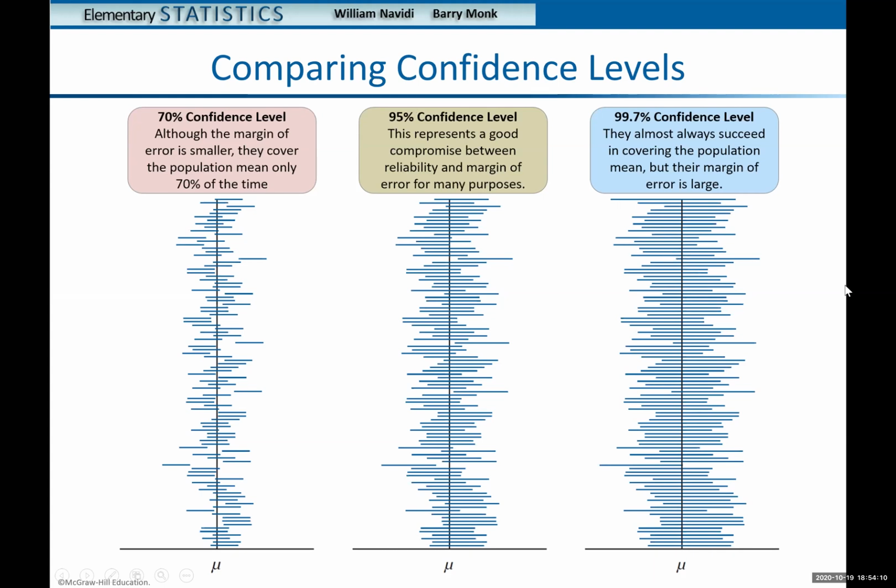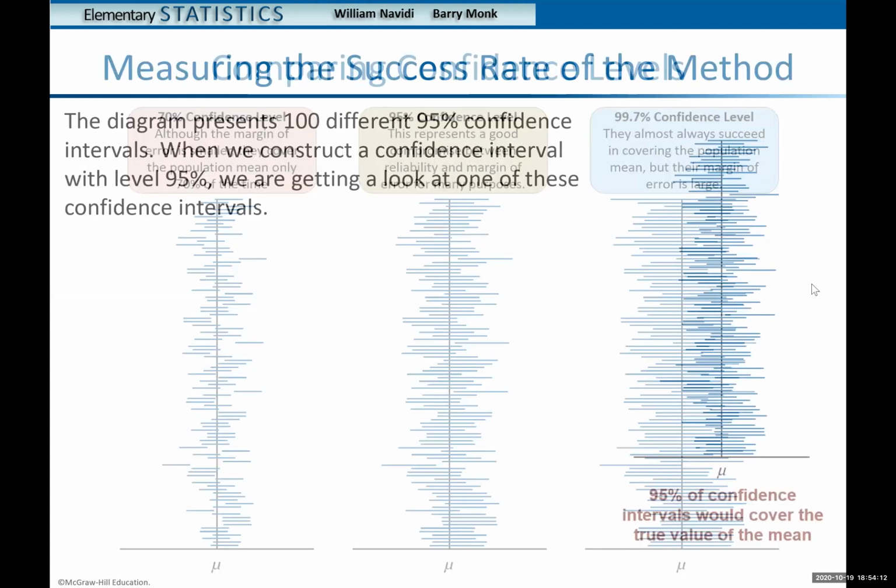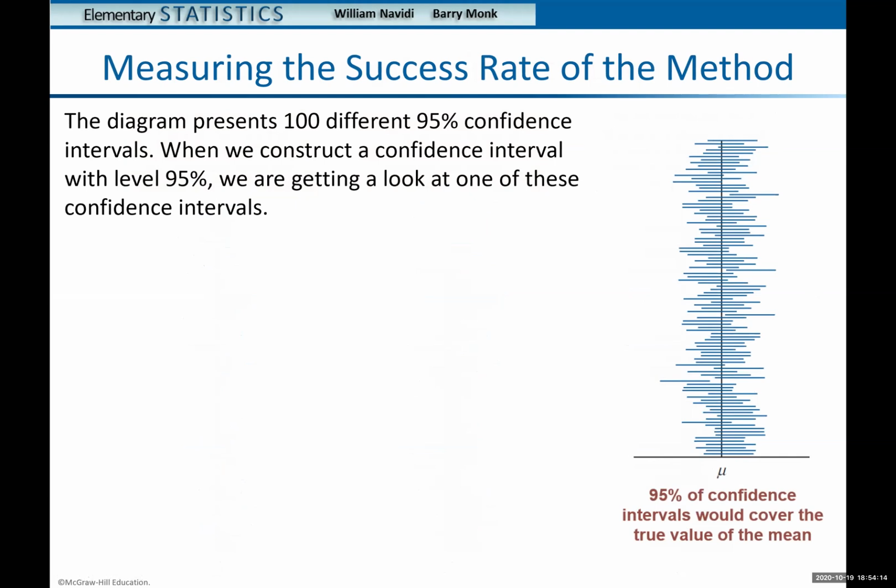So that's why we use 95%. So the diagram presents 100 different 95% confidence intervals. Look at this. When we construct a confidence interval with level 95%, we are getting a look at one of these confidence intervals.